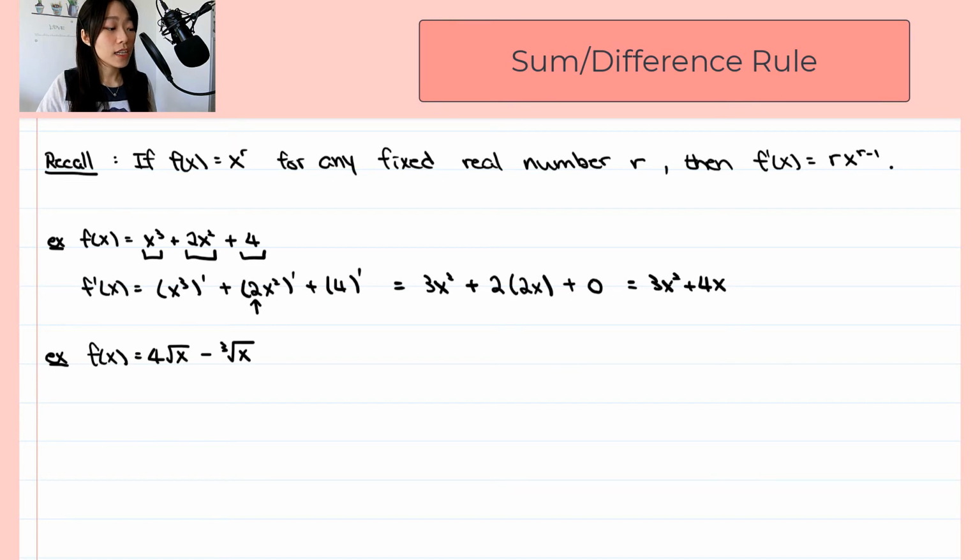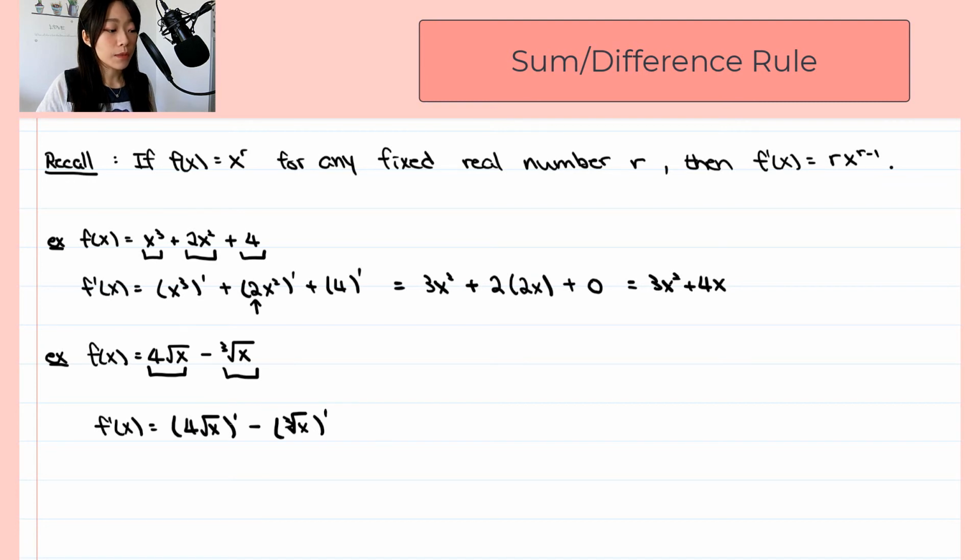Now let's look at the second example. f of x equals 4 times square root of x minus cube root of x. So here we have a function of x minus a function of x. So according to the difference rule, the derivative of f of x will equal the derivative of the first function minus the derivative of the second function.